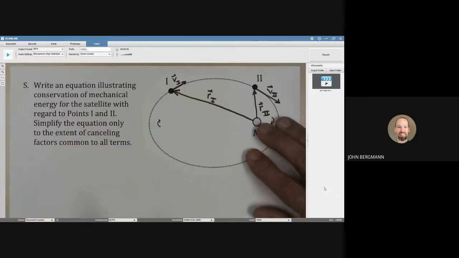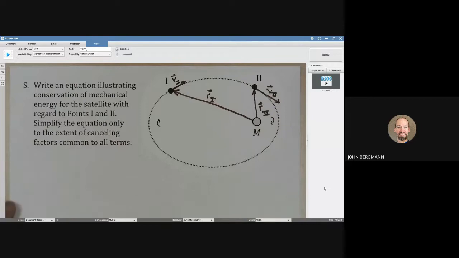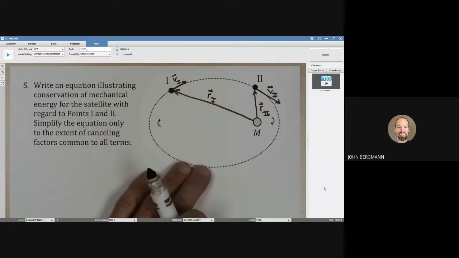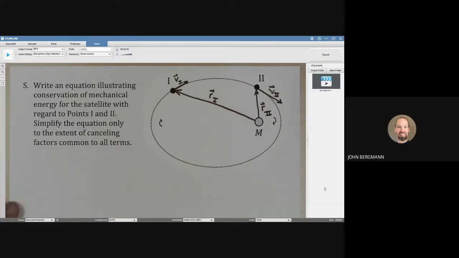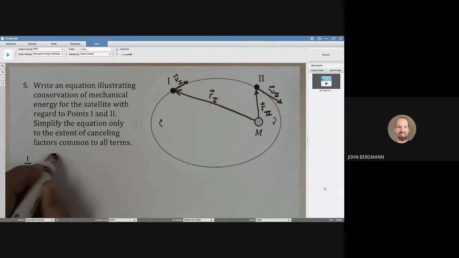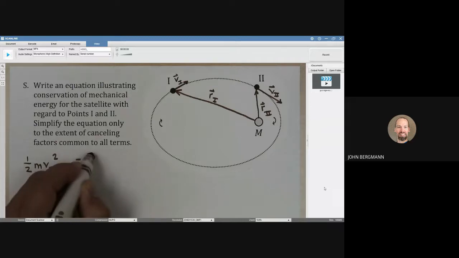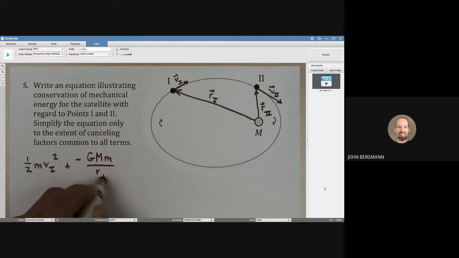We're now going to write an equation that illustrates conservation of mechanical energy for the satellite, for point 1 and for point 2. For point 1, we have kinetic energy 1/2 m v1 squared plus negative big G, big M, little m divided by R1, not R1 squared, just R1.